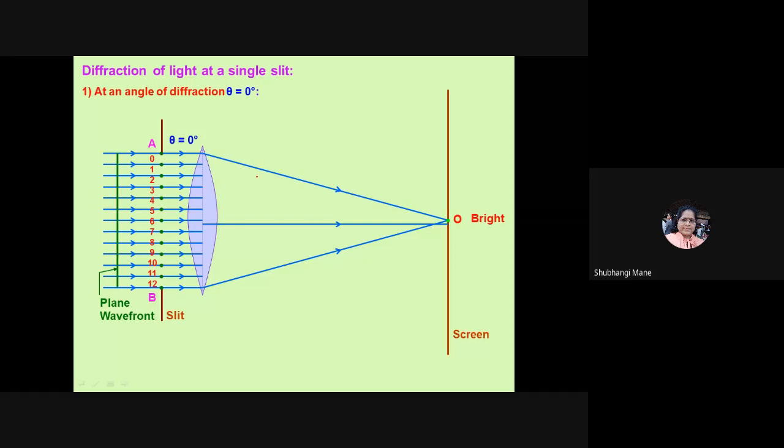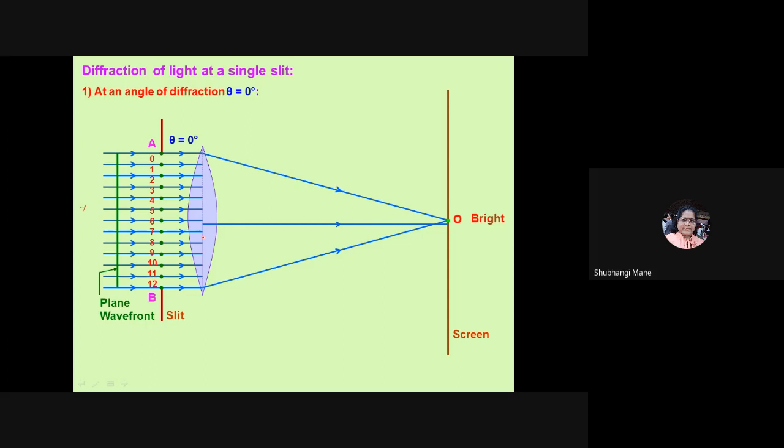And the distance between the source and the obstacle, and the obstacle and the screen, is finite.